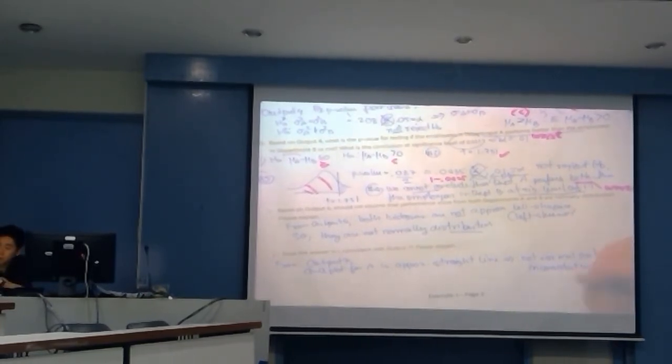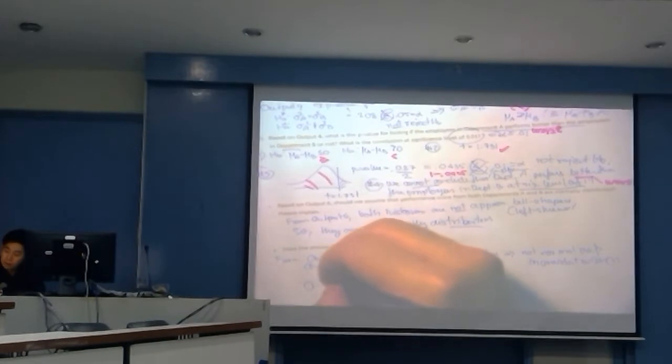Alright? I go back to write the answer. So I say from output 7, the QQ plot for A is approximately a straight line. Right? Not normal, right? Inconsistent with I. Right?